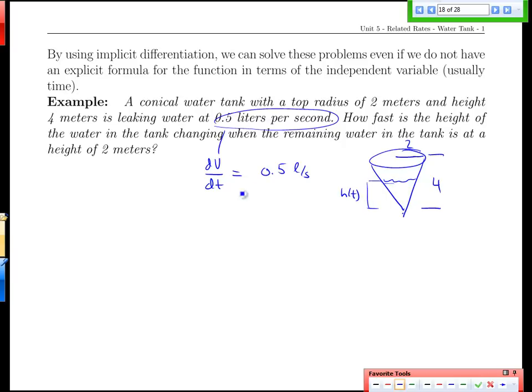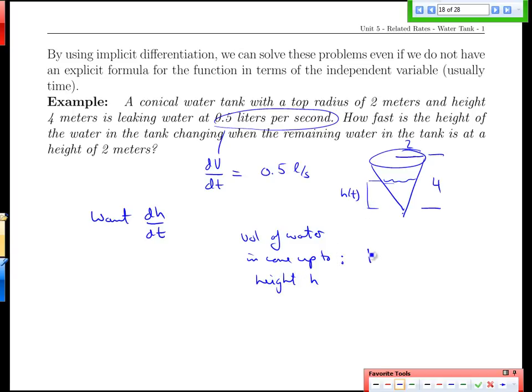Well, again, we have one rate. We want dh/dt. How are these properties going to be related? We have a cone and we have a height, and we have to remember something about volumes. So we might want to go for the volume of a cone. In this particular case, it'll be the volume of water in the cone up to height h.